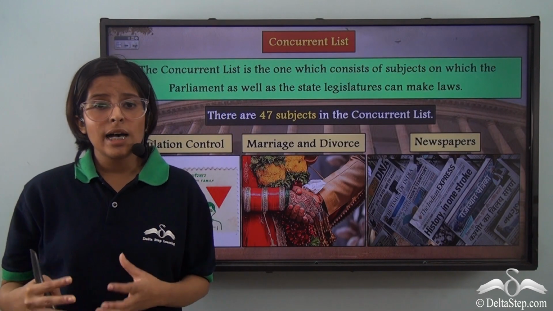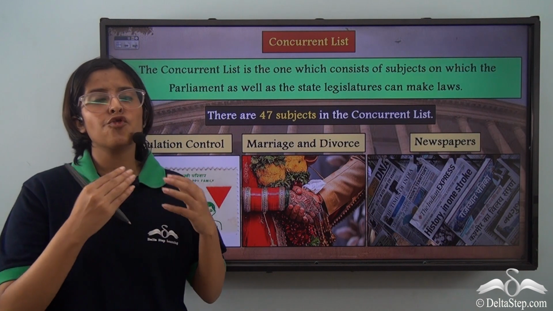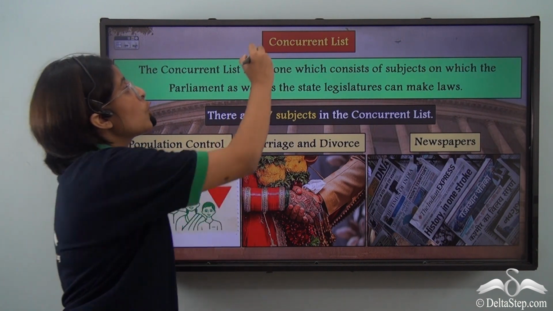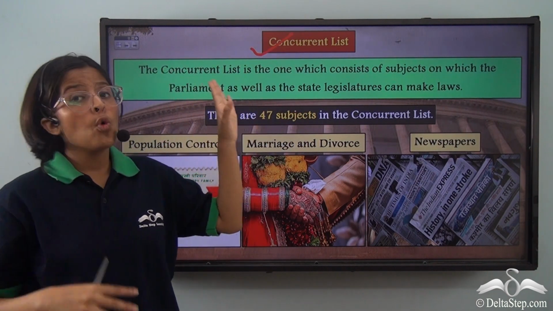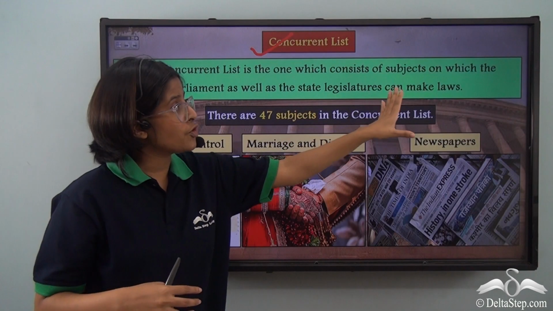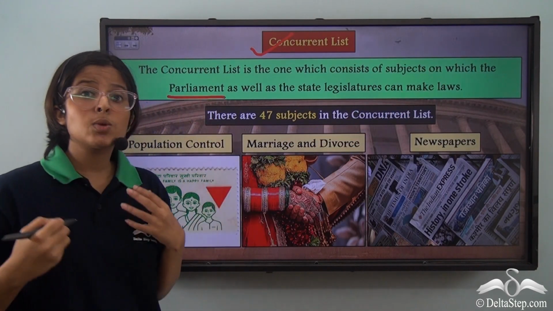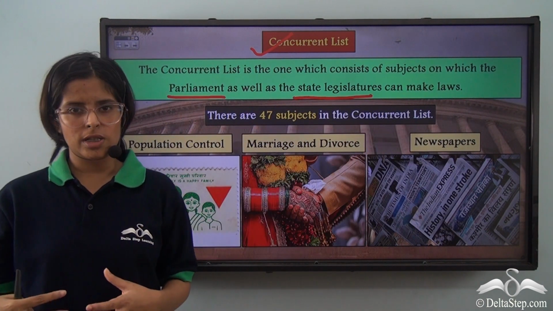Now we have discussed the subjects which fall under the union list and subjects which fall under the state list. So we come here to the concurrent list. The concurrent list is one which consists of subjects on which the parliament as well as the state legislatures can make laws.